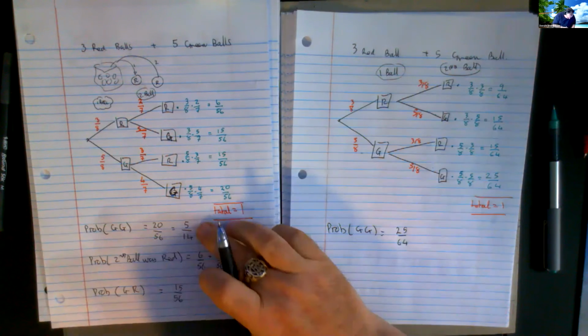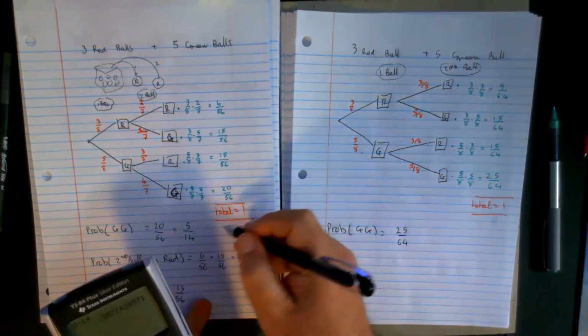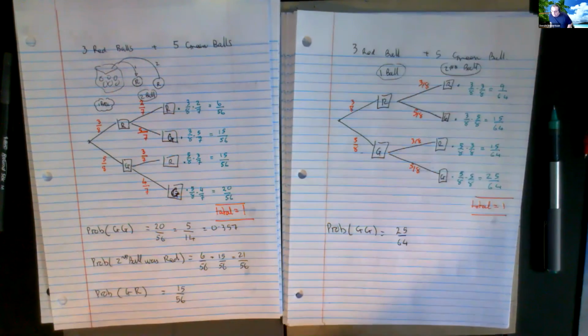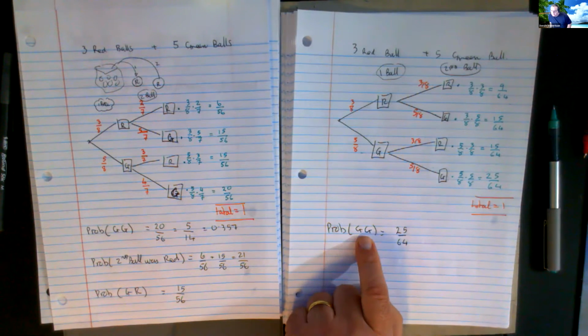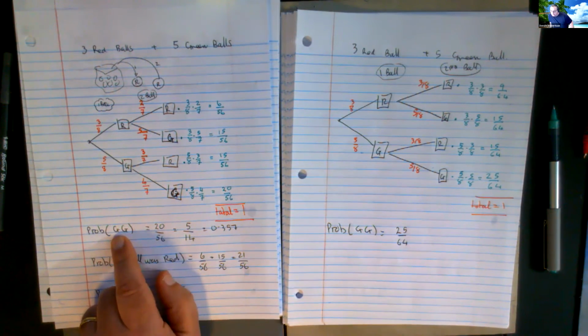Which one of those 2 fractions do you think is the biggest? Do you think it's easier to get 2 greens if you put the green back in the bag? Or do you think it's easier to get 2 greens if once it's used up, it stays out?